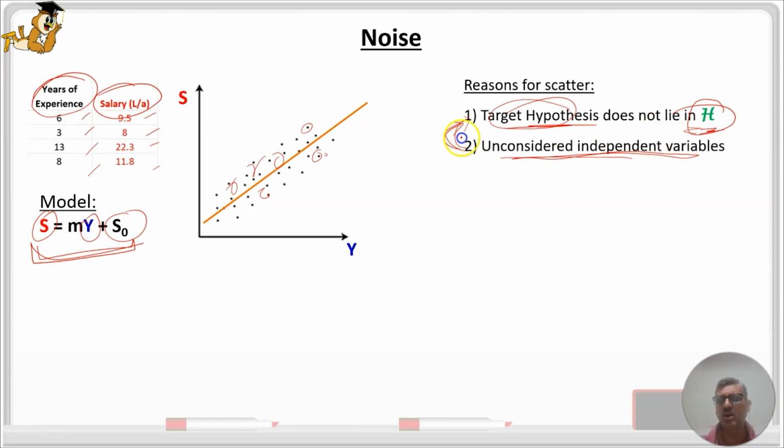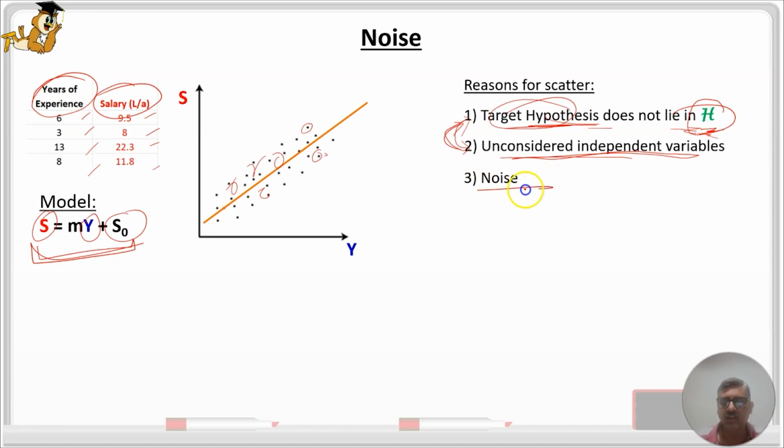So these two are pretty much, I could argue, the same thing. But unconsidered independent variables and the fact that the target hypothesis does not lie in H, because the relationship between salary and years of experience is not linear to begin with. However, there is another reason, and that is noise.